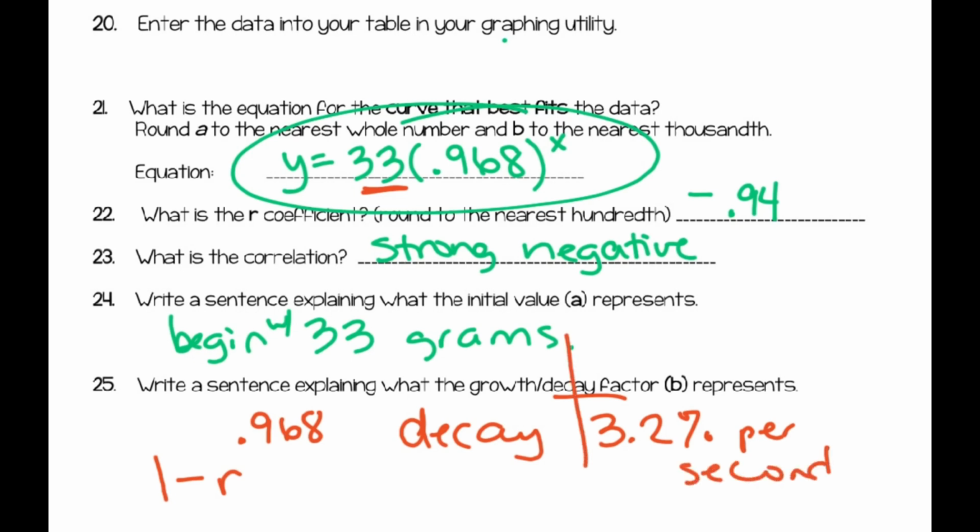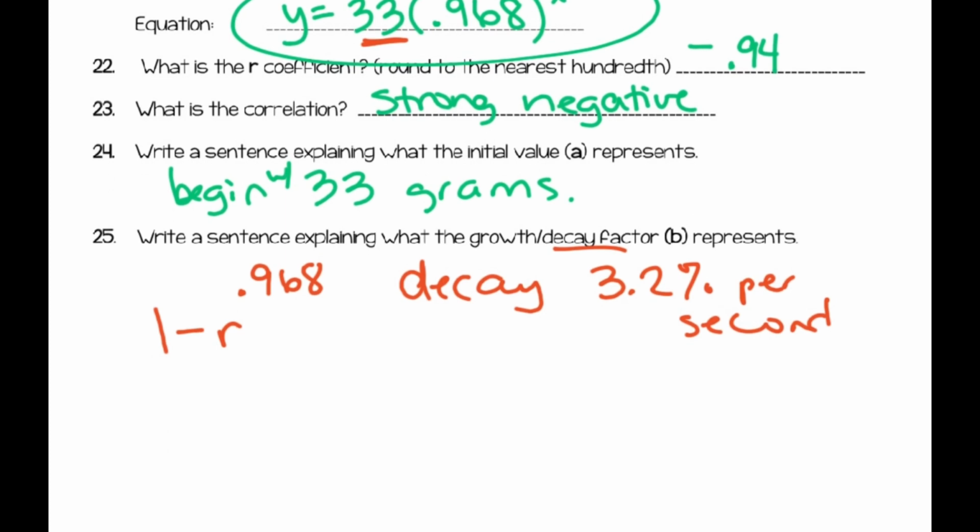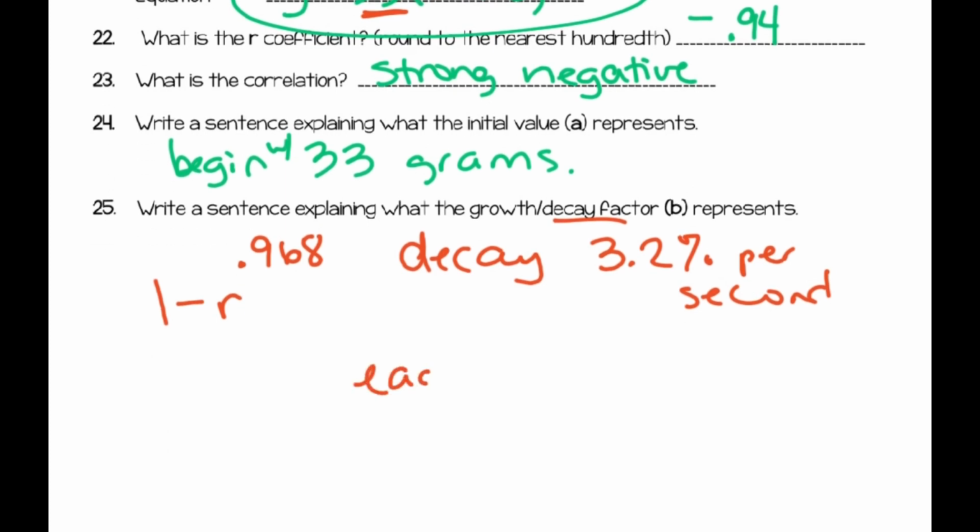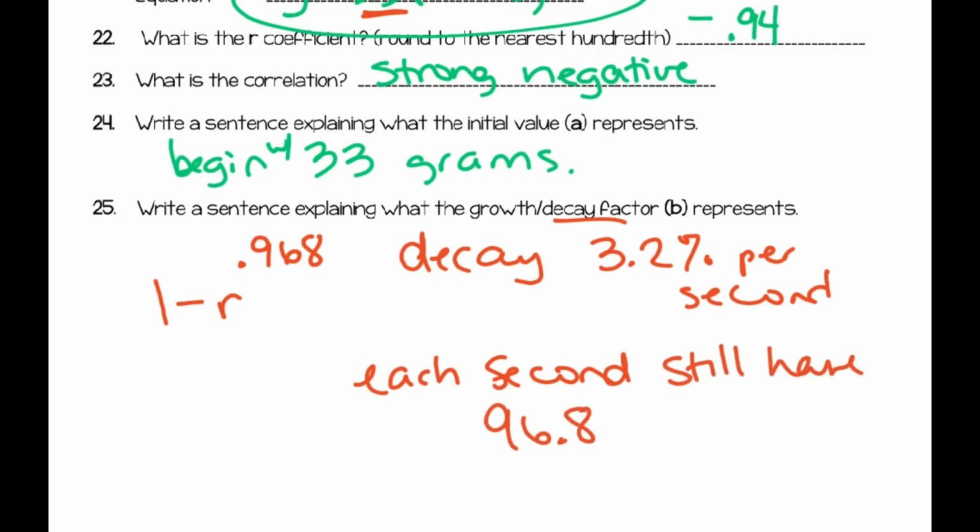Or an alternative to that, you can say each second you still have 96.8% of the substance. So there's two ways you can look at that. It does say the decay factor, and so that's the 0.968, and so this would be a great answer. However, you still are using the decay factor to tell me that you're decreasing by 3.2%.